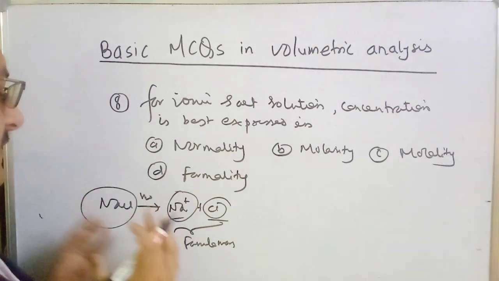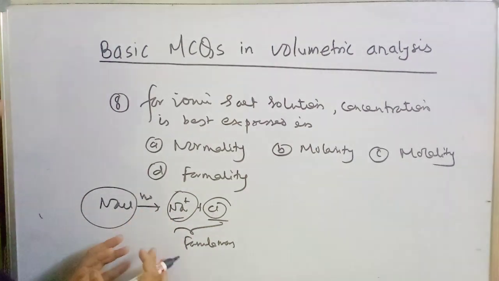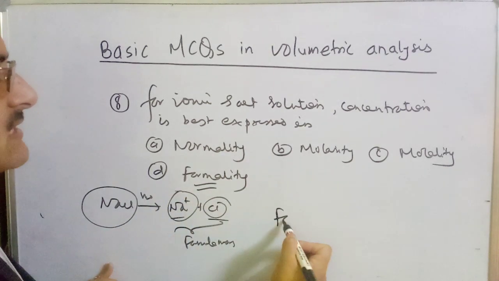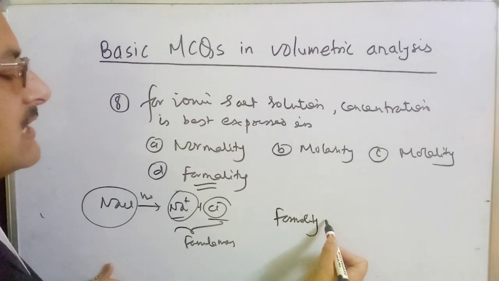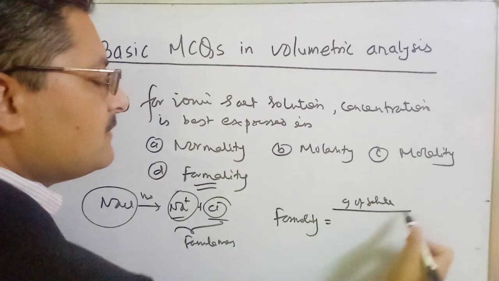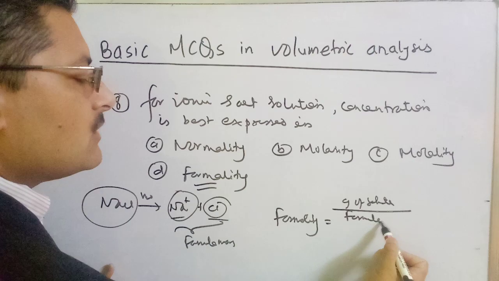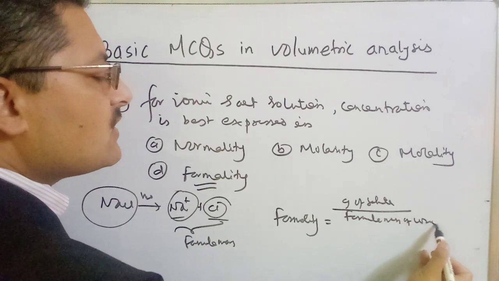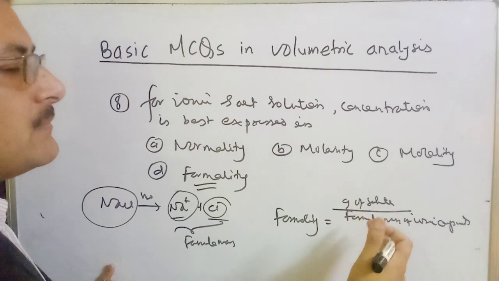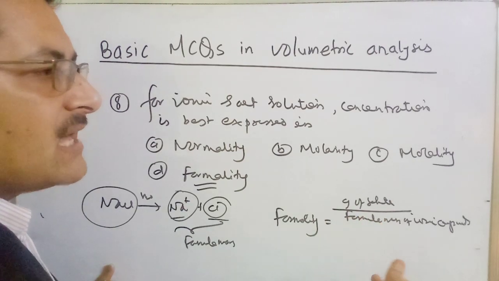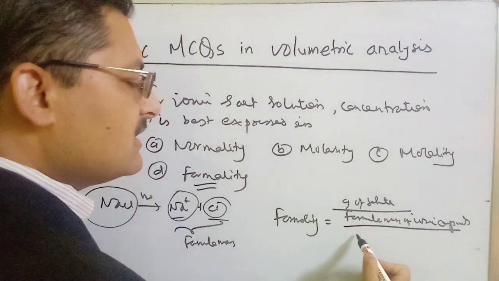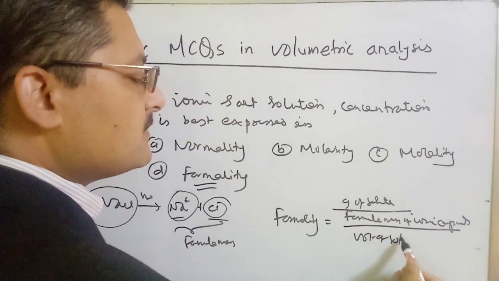So for this kind of compounds, it's better to express the concentration as formality, and formality equals grams of solute divided by formula mass of ionic compounds, for example sodium ion and chloride ion, divided by volume of solution in liter.